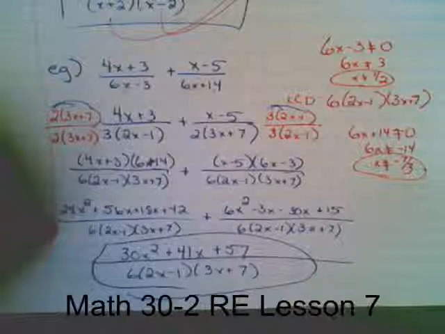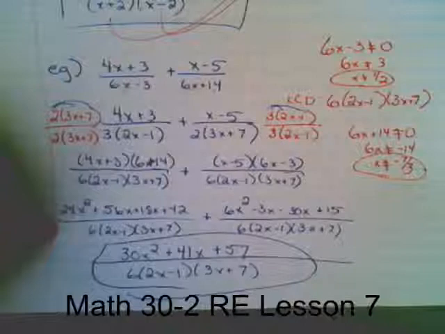This is harder than almost everything you'll see. However, you should be able to do this. Looking at my non-permissible values, going back to the beginning, I know that 6x minus 3 can't equal 0. So 6x can't equal 3. Divide by 6, x cannot equal 3 over 6, or 1/2.